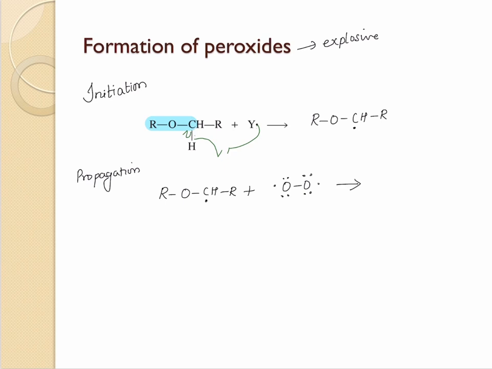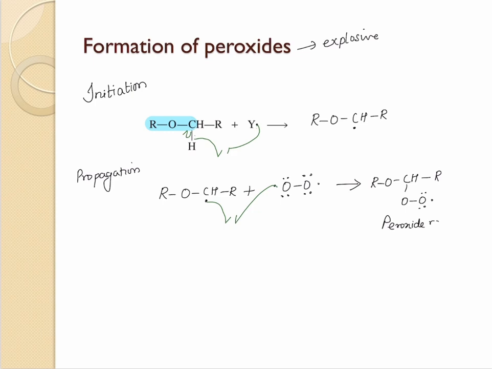Okay, so again, there is going to be a new bond that's created between oxygen and carbon, and it's going to form the peroxide radical. So this is our peroxide radical.